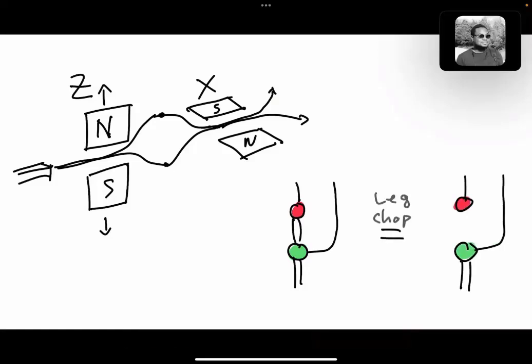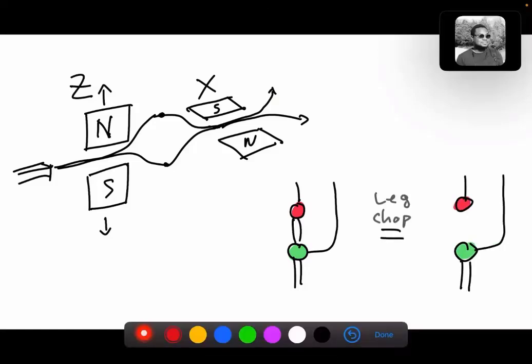And again, this is going to disconnect these spiders. This is a very nice way to see these results. And again, an interesting bit is that because of this leg chop, this is going to be a random state at this point. The first one was the real measurement, and afterwards you just get random outcomes.